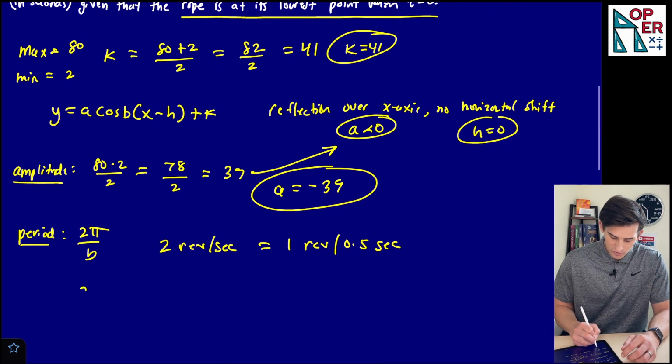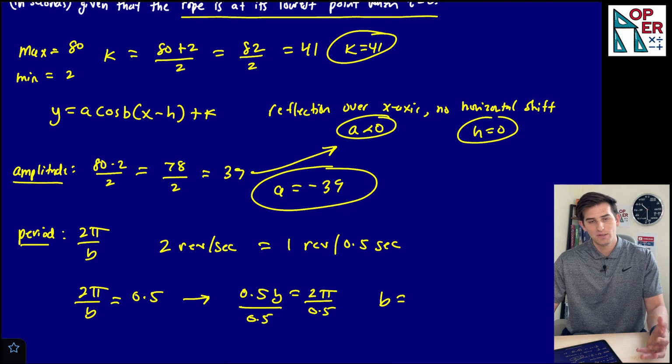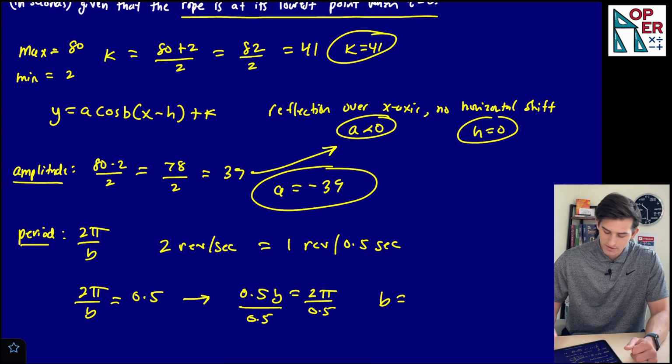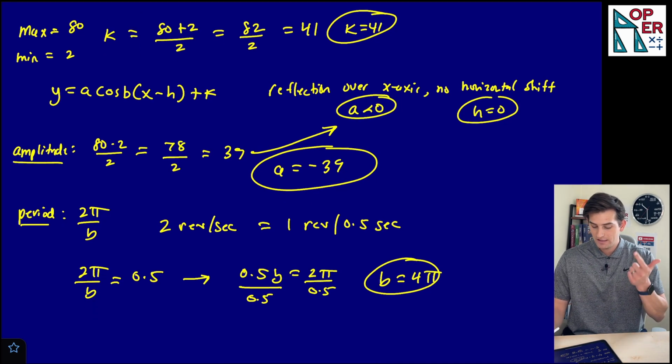So we take 2 pi over b, and we set it equal to 0.5. So now that's going to give me 0.5b is equal to 2 pi. Divide both sides by 0.5 to figure out what b is. So 2 pi divided by a half would be like 2 pi times 2, and we're going to get 4 pi for b. So now we know, hey, it's cosine, k is 41, h is 0, a is negative 39, and b is 4 pi.